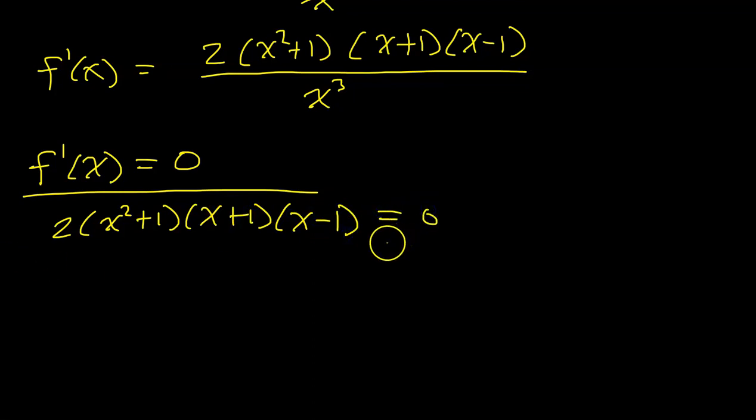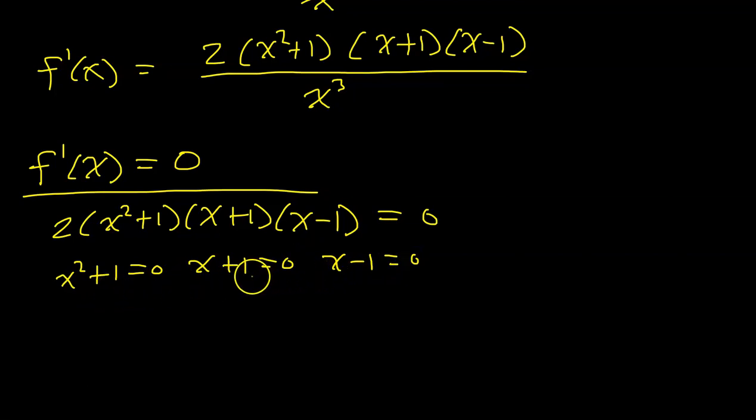The numerator has to equal 0 for the derivative to equal 0. Dividing both sides by 2, I really can just ignore that 2. So I'm setting each of these factors equal to 0. So x squared plus 1 equals 0, x plus 1 equals 0, x minus 1 equals 0. I'm using the zero product property.